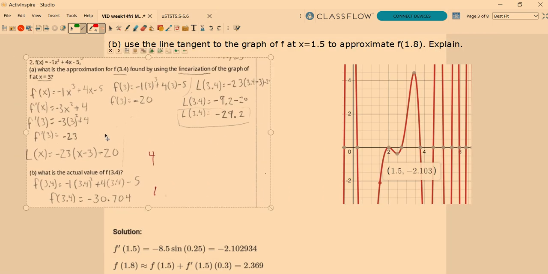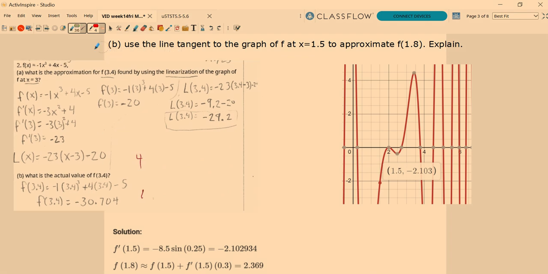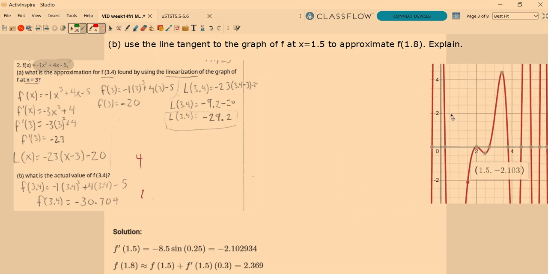Let's pull that up. So the goal here was the big picture with linearization. We have this function, and the first thing to do is to find the derivative of this. The big picture of linearization is this.